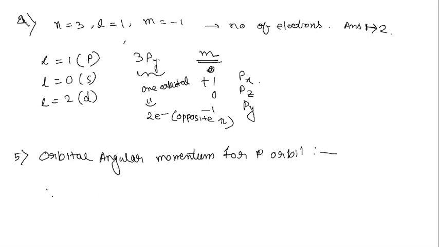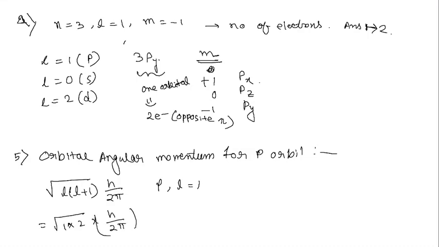So what is the formula? L equals root of l into (l plus 1) times h by 2 pi. Here for p orbital l equals 1. What will be the answer then? Root of 1 into 2, h by 2 pi. Okay, then this will be the answer.